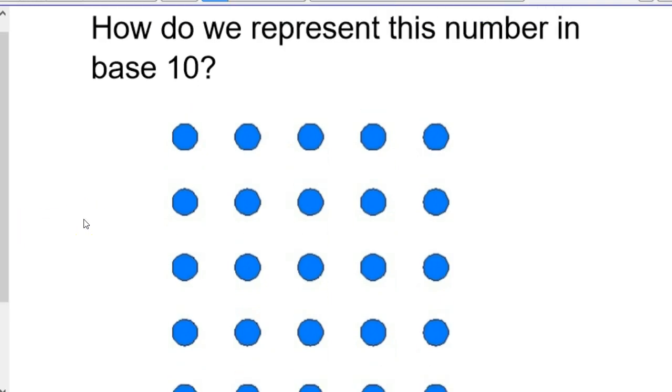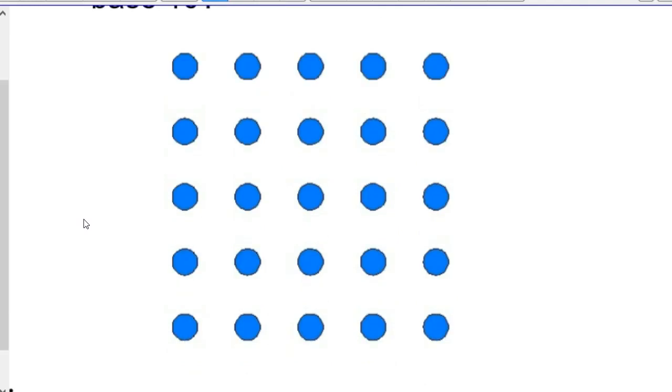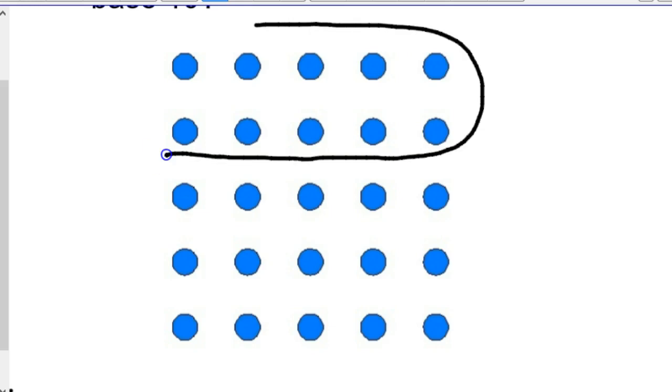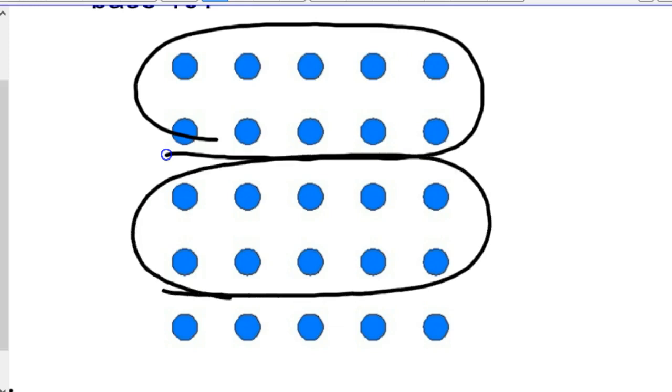So, how do we represent this number in base 10? Well, this is a 5 by 5 set of dots, so this is 25 dots. You think, oh yes, it's 25. Well, if you think about this, we have 2 sets of 10. So there's a set of 10, there's a set of 10, and then these 5 dots.